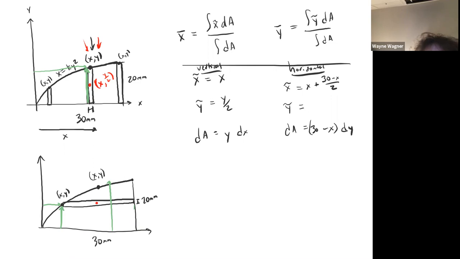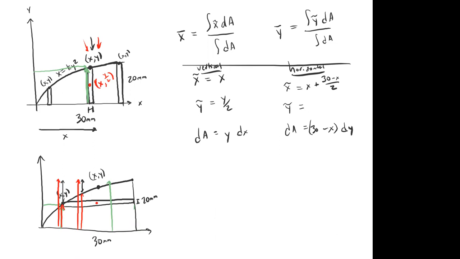So 20 minus y would be this bit right here. Or more to the point for our current location, we go up 20, and then we subtract off y, which is this bit, and that would leave this bit. So it's just y, exactly. Okay, so we're going to put a y right here.